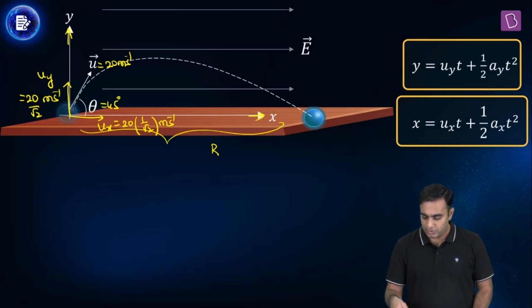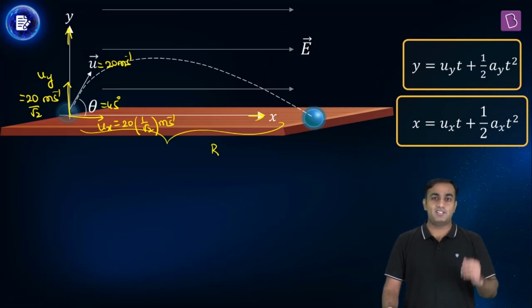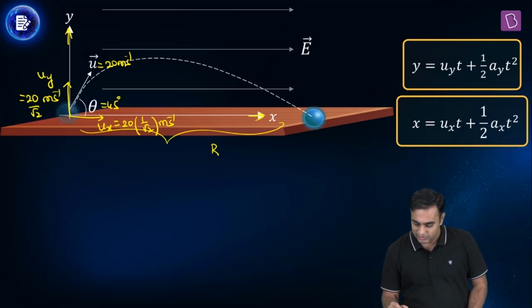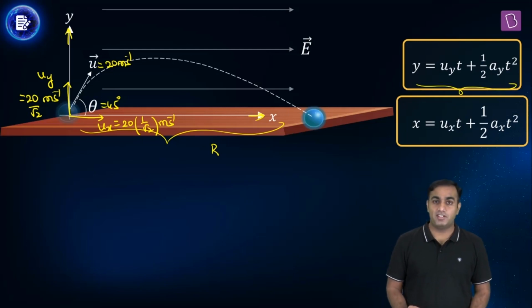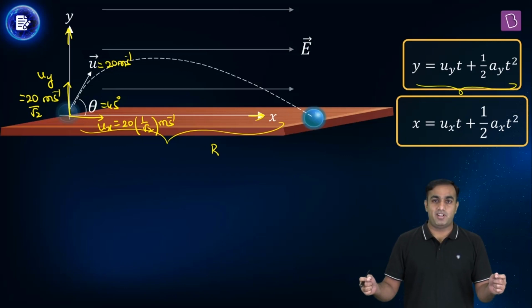In order to find the time of flight, we will look at the motion along the y-axis. Why? Simple. There is only one force acting along the y-axis, gravity. And we know that using this equation, we can find the time of flight. That's because in the beginning and at the end of the projectile motion, y displacement happens to be 0.